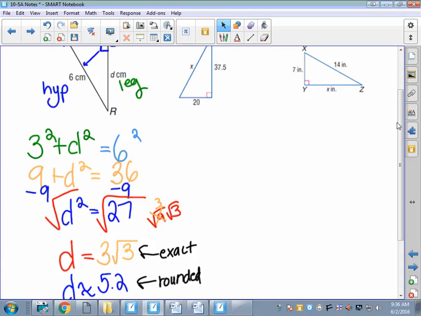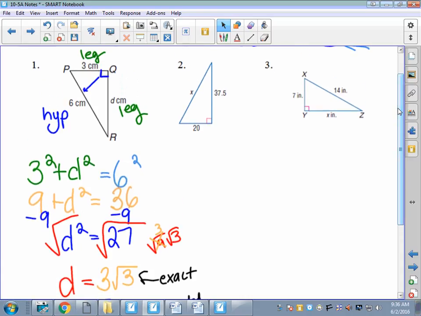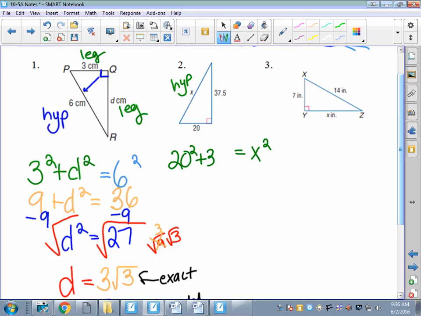So let's do number 2. We'll skip number 3. Number 2, I've got an x, a 20, and a 37.5. Which one of those three values is the hypotenuse? That x is, right? So that means that the x squared has to be by itself. So I've got either leg in either order, 20 squared plus 37.5 squared.